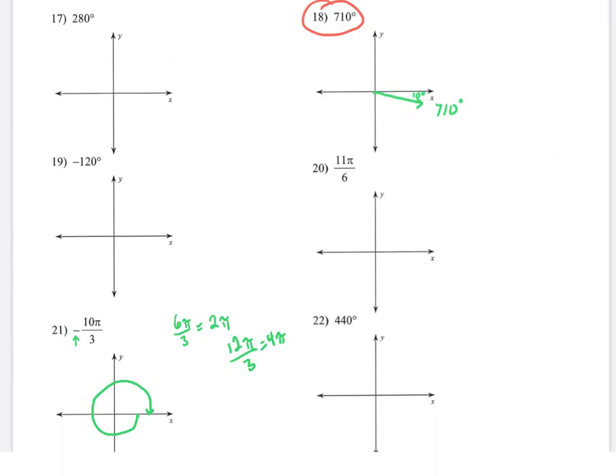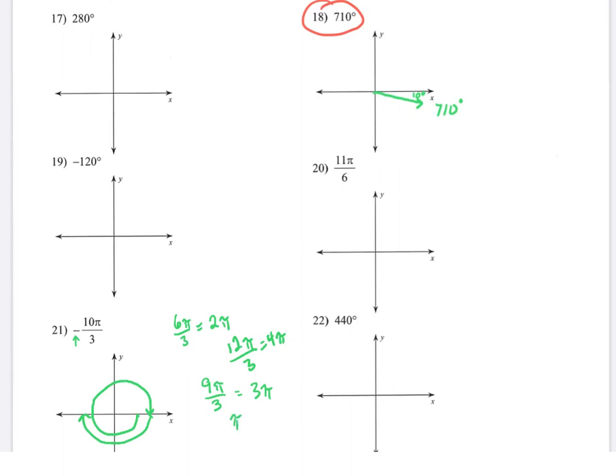And then I go around again, that would be 3 pi, which is another 180 degrees. So 3 pi, if I were in thirds, would equal 9 pi over 3. So 10 pi over 3 would be another pi over 3.